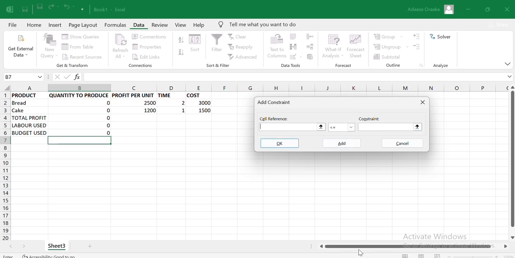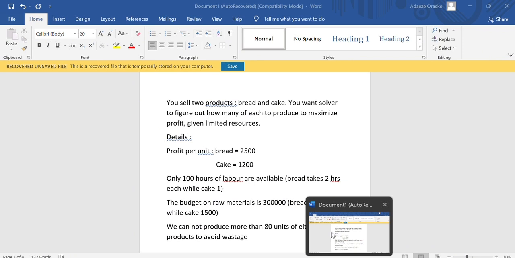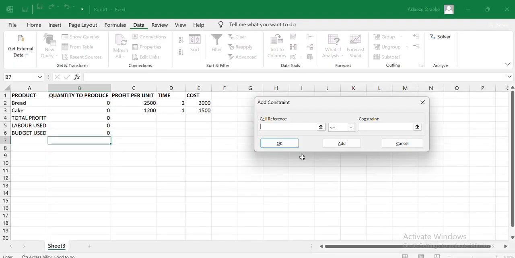We also have another constraint. We said bread is less than or equal to 80. So we don't want to produce more than 80 of bread. And also for cake too, we don't want to produce more than 80 quantities of cake.